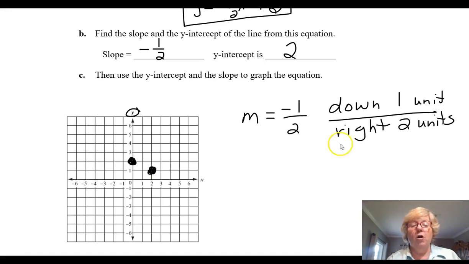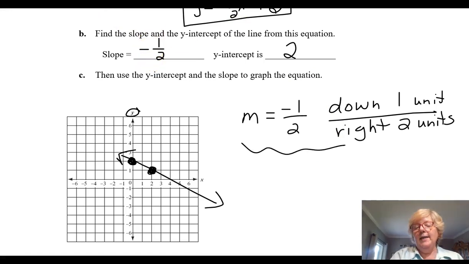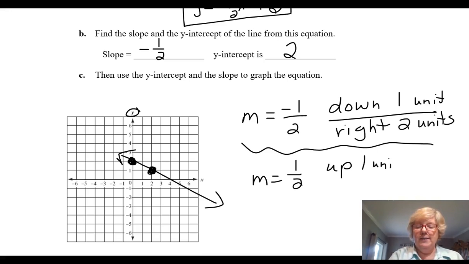If you're using a homework software like MyLab, when you click that second point, you will automatically have the line show up like this. Notice that the line is falling or decreasing. That's because the slope is negative. Now, what if you had a slope that had been positive? If you ever have a positive slope, then you would go up the unit and then go over to the right.